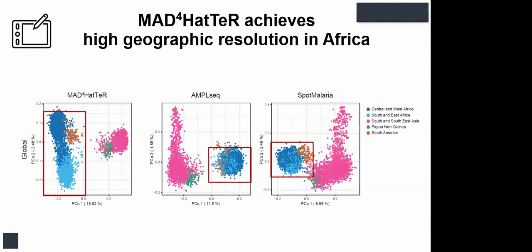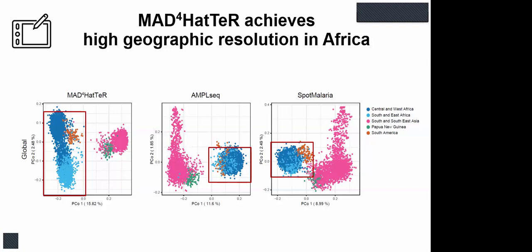And when we looked at the resolution, we tried to look at PCA, principal components. We tried to compare how well our panel or our pipeline can distinguish between different data sets from different regions of the world, compared to African as well.